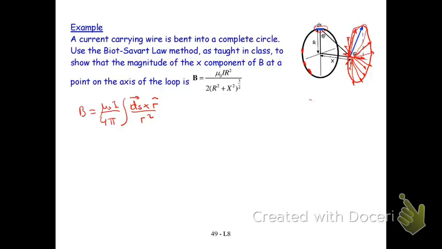If I draw this from the side, I have my ring, and then I have boom, boom, boom, and boom, boom, boom, boom, and then this is x. And then this is r. And there's my point of interest. So this here is the little r in that equation, and this is my r hat.